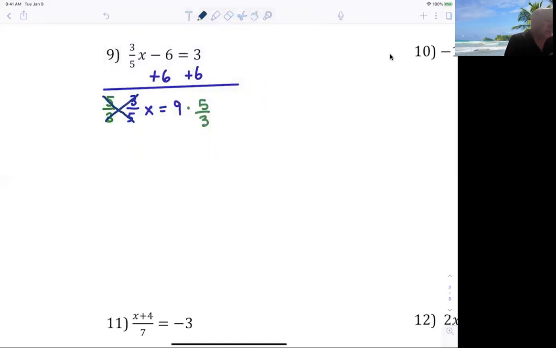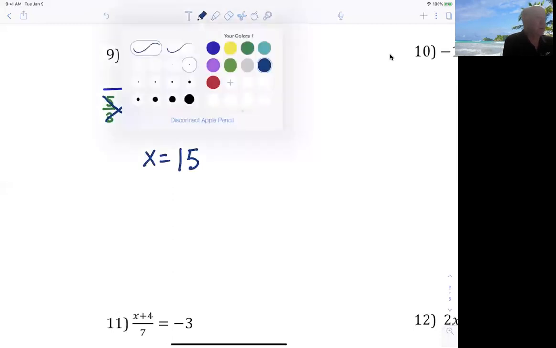So now let's review. X equals, always divide first. 9 divided by 3 is 3. 3 times 5 is 15. So x is equal to 15. Again, that's still kind of a review. You should be in pretty good shape with that.